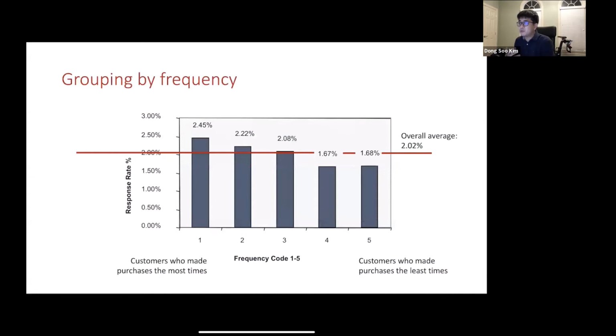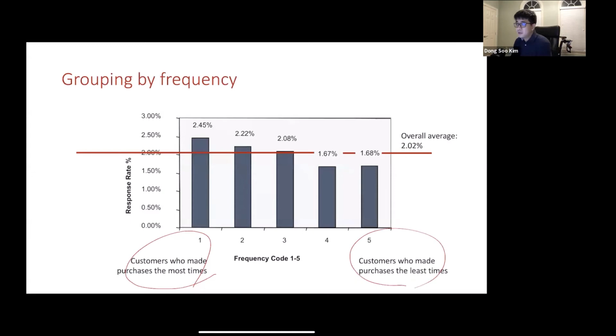Grouping by frequency shows the same result, although the effect size is weak. There are 5 groups, and those groups are made in the same manner. The customers who made purchases the most times make group 1, and those who made purchases the least times make group 5.